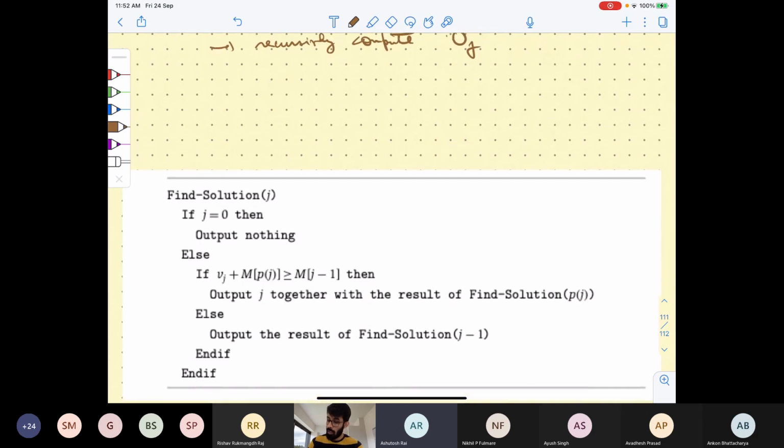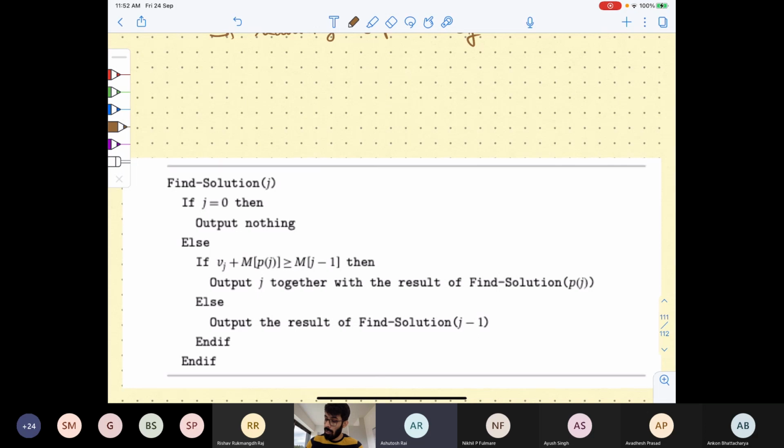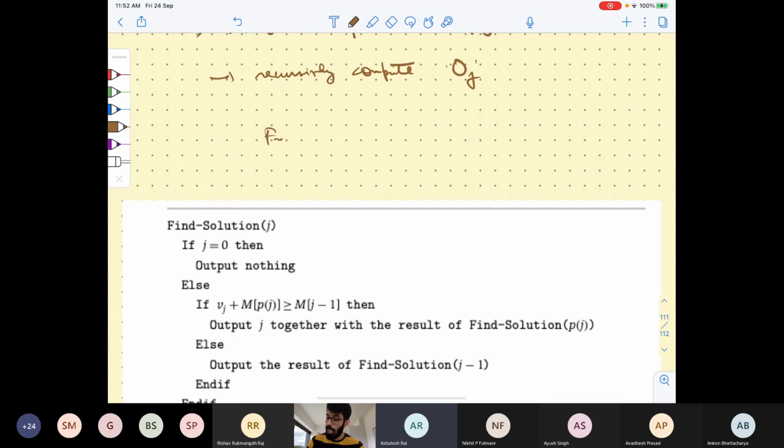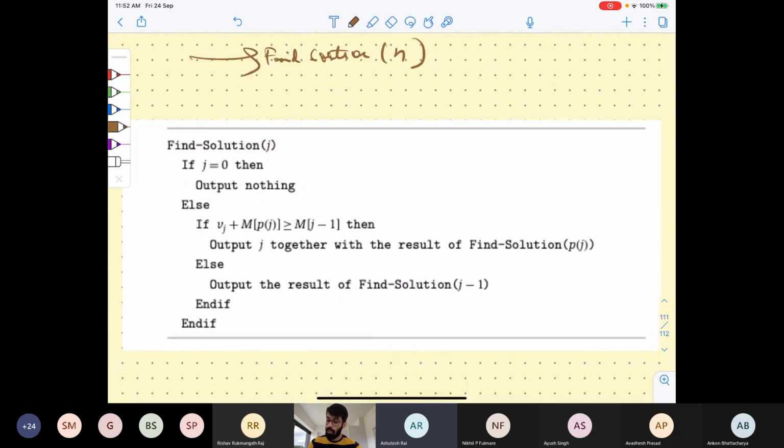So this is the algorithm. Find solution for j. So you will call find solution n. And in find solution, if j is 0, then it outputs nothing.